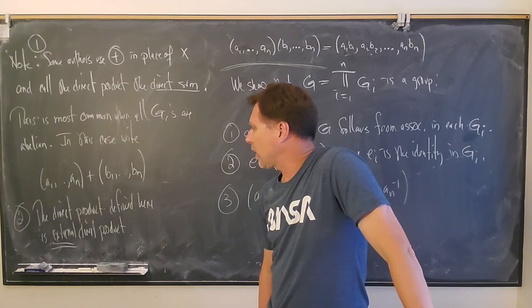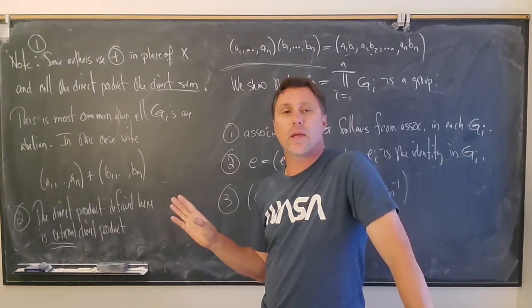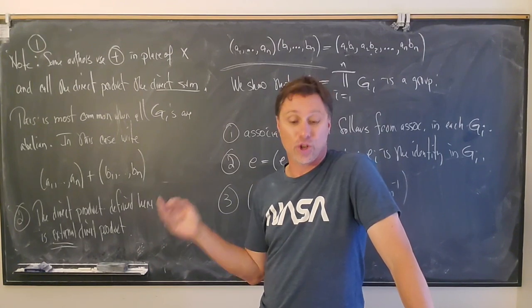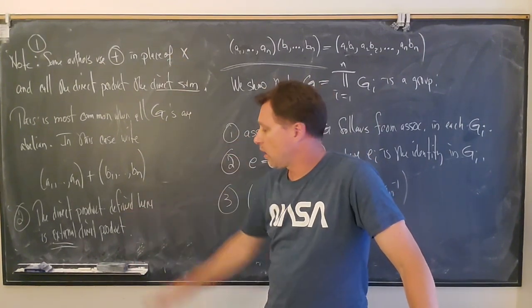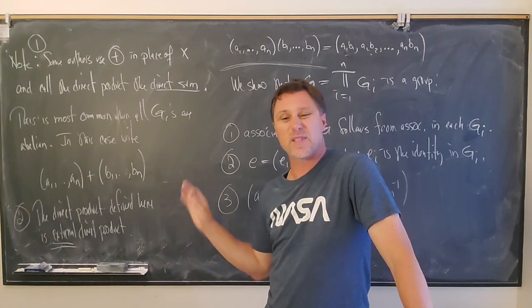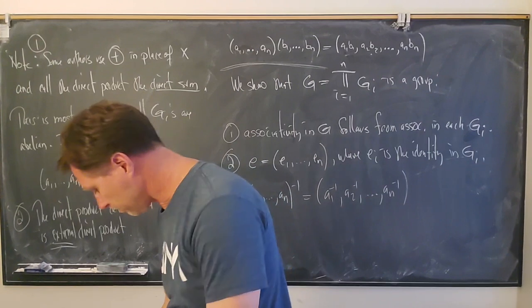I don't want to make a big deal about this yet, but we will have another thing called the direct product, and it's the internal direct product, and then we'll see what the difference is. So just be aware that there are times when I want to be specific, and I'll say, by the way, we're talking about the external direct product.